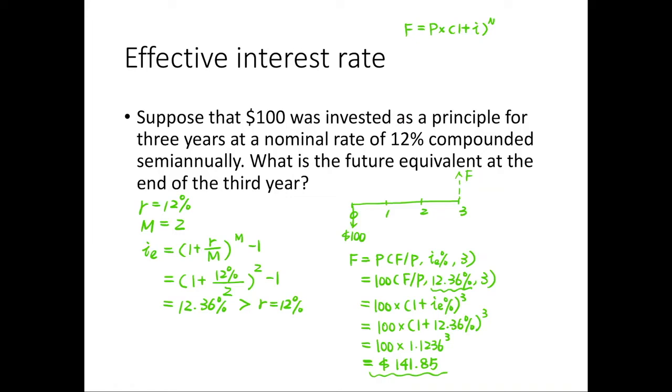Okay, so let me summarize it here. So if you have a nominal interest rate R, you have two options to calculate your future or present or annuity equivalent values.